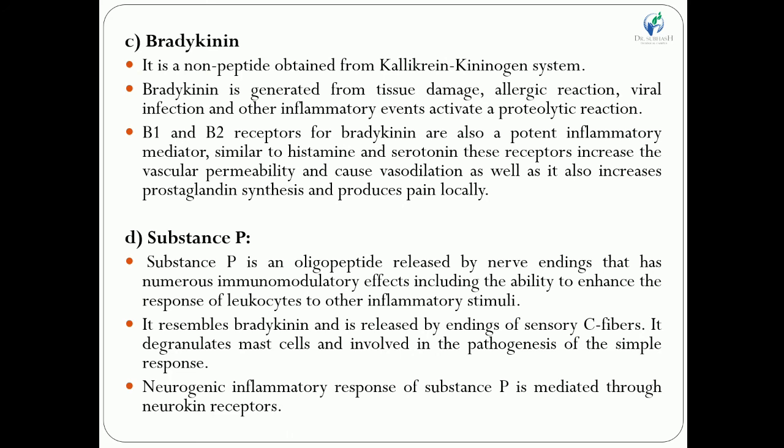Here they are oligopeptides, and it is released by nerve endings and has numerous immunomodulatory effects, including the ability to enhance the response of leukocytes to other inflammatory stimuli. It resembles bradykinin. Its effects will be the same as bradykinin and it is further released by the endings of sensory C fibers.